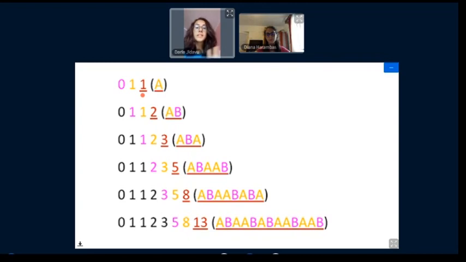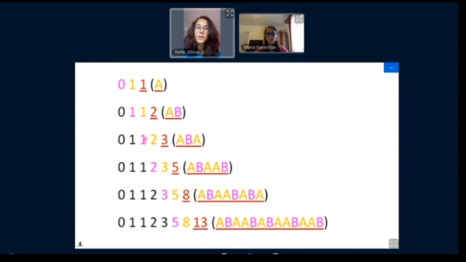To be more clear, let's take another example, the second one. The second word is AB, and we are only interested in the last three numbers of the Fibonacci sequence on the left. So the first one represents the number of B's in the word, the second one represents the number of A's in the word, and 2, the number of letters in the word.